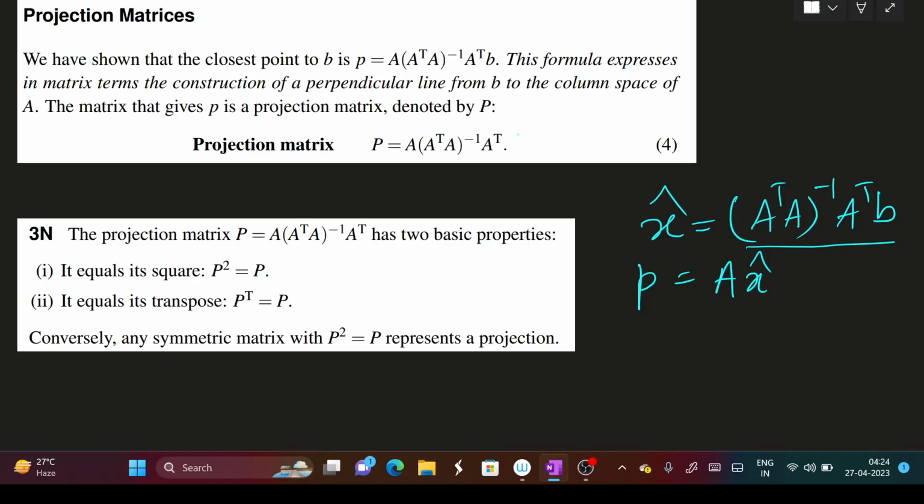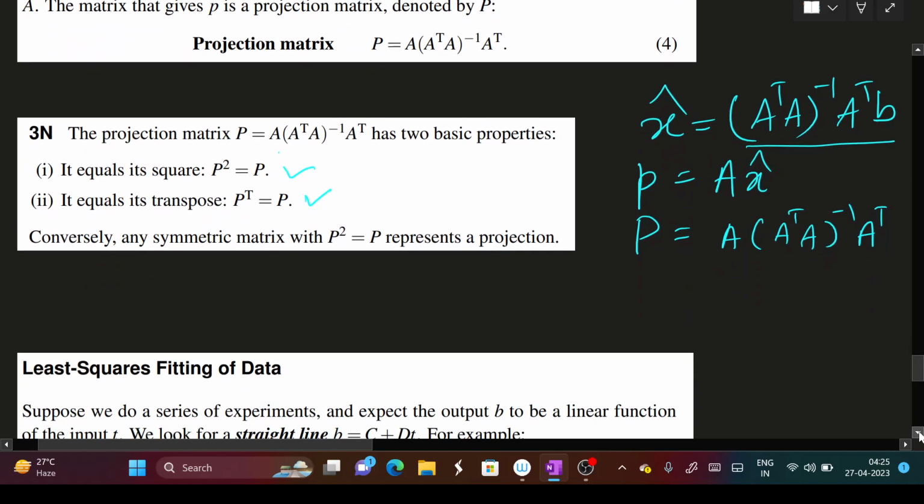Then I will find out my projection matrix, which is nothing but capital P is equal to A transpose A whole inverse A transpose, with A in front. These are the key points, and the projection matrix satisfies these two conditions, which we have already verified.